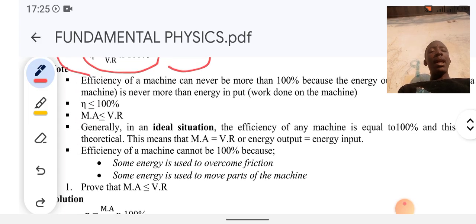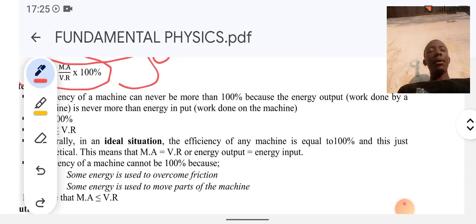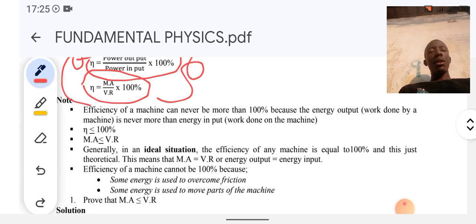So what I'm trying to say here is simply that the machine can never work at its full potential, because most of this energy will be lost. Some of the energy which you apply on that machine will be lost in the form of heat, some in the form of sound, some in the form of what else? Yeah, the other one is used. Some energy can be used to overcome what? Friction. That's why the efficiency of the machine can never be what? 100%.